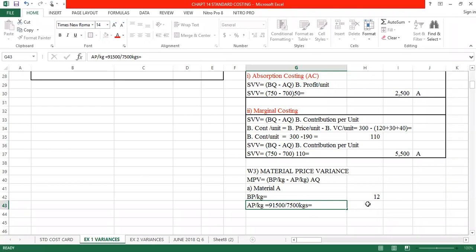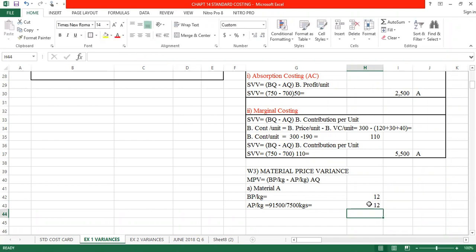So what do we get? This one will be equals to 91,500 divided by 7,500. What do we get? 12.2.